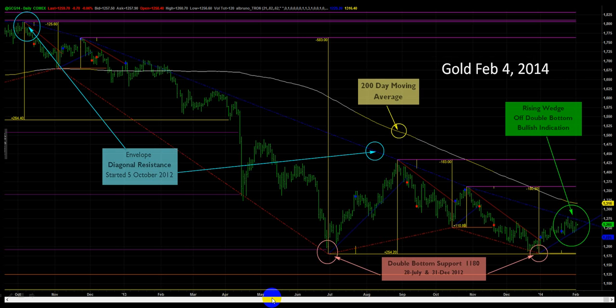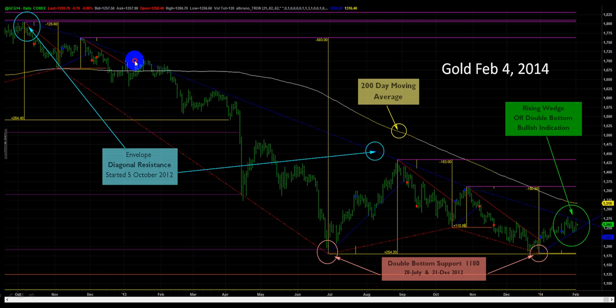To continue, what we see here is that we have several different lines going diagonally as well as horizontally and vertically, and we inserted also a 200-day moving average. So in order to break down gold, what we've done is we've defined these areas of support and resistance that may be of importance. The first thing we notice is that we have what we call the outside envelope line right here.